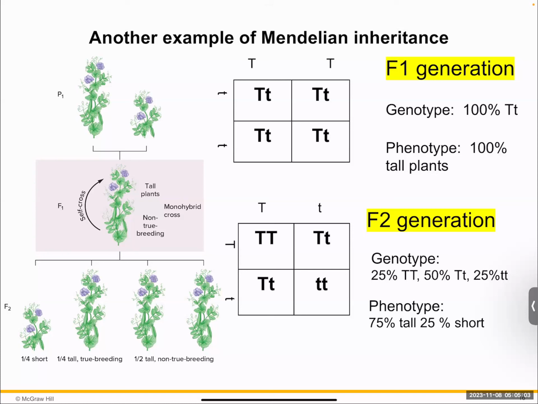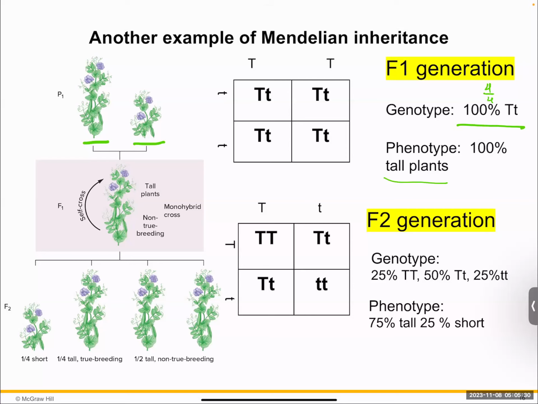So in this case, you're using a true bred, which means a homozygous dominant with a homozygous recessive. You cross them to create your filial 1 or F1 generation with a genotype of 100% capital T, lowercase t, or again, 4 out of 4. And then phenotype, all of the plants will be tall because this is heterozygous dominant.